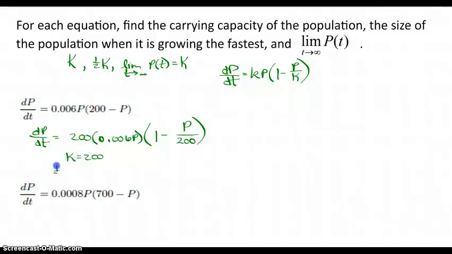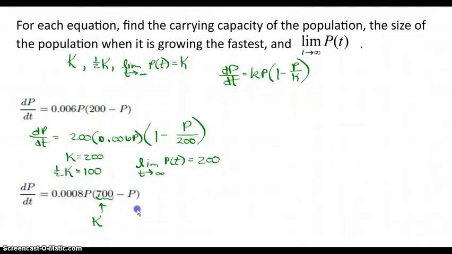It's growing fastest at half the carrying capacity, that's 100. And the limit as t approaches infinity for this population is the carrying capacity. So again, sometimes if it's in this form, you can recognize that there's your carrying capacity, and you don't have to do all of that work.